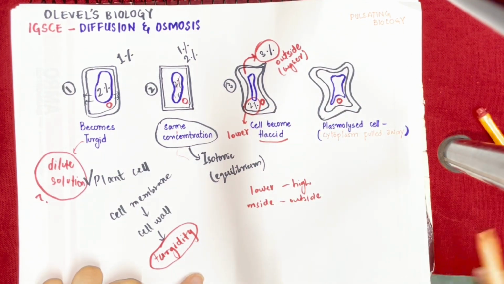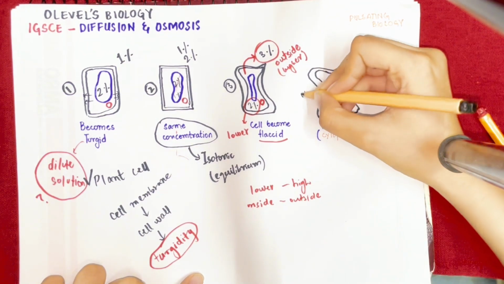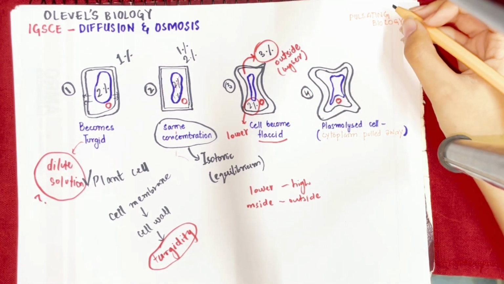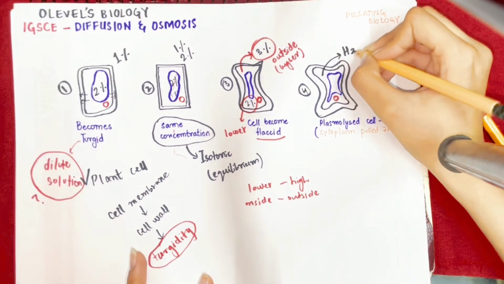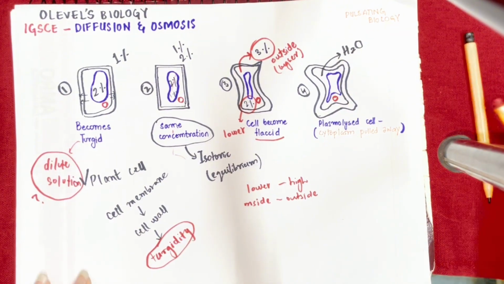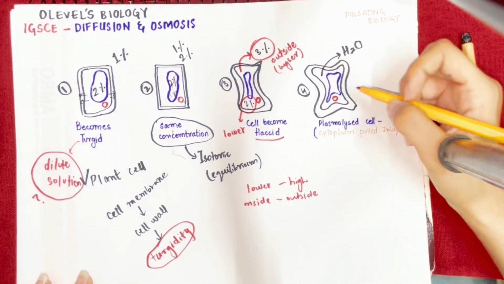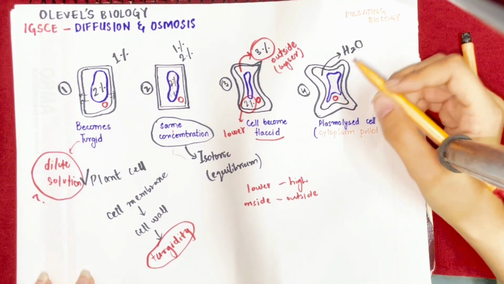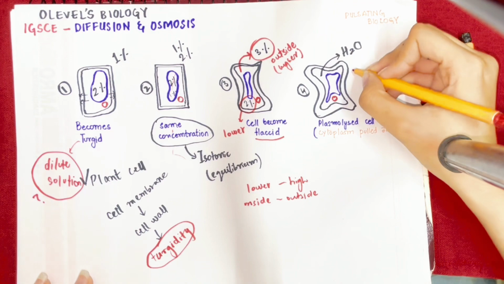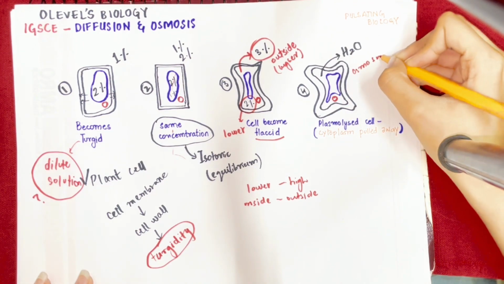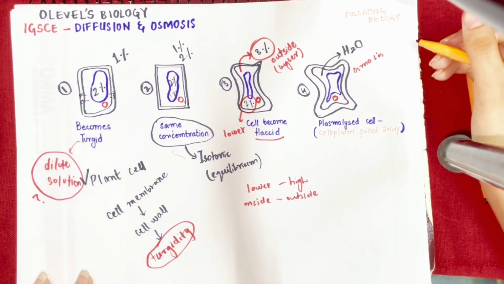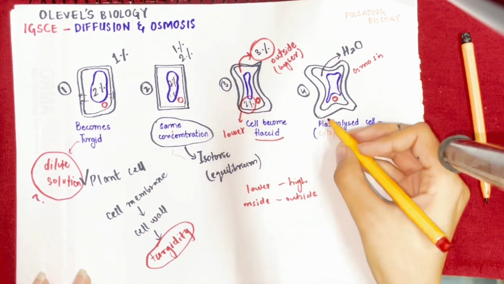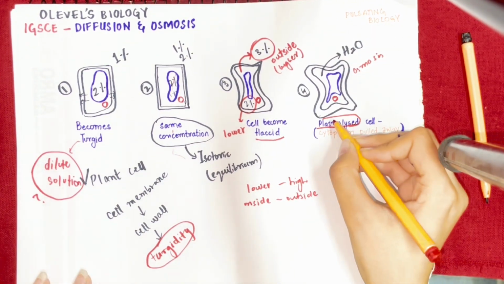The fourth condition that we have is the cell becoming plasmolysed. Why does a cell become plasmolysed? It is when the water moves out of the cell in a larger amount. Like we have already discussed, there must be a difference in the concentration. That's why the water is moving outside the cell by the process of osmosis, due to which the cytoplasm is pulled away from the cell membrane. It is the condition in which we say the cell becomes plasmolysed.